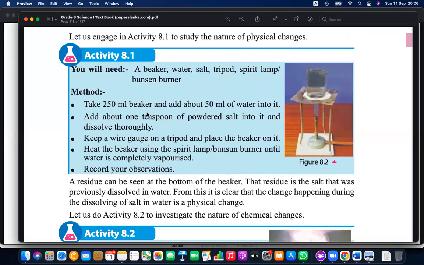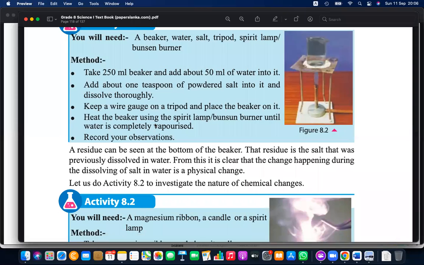Take a very small amount of water, like 50 or even 25 milliliters, because otherwise it will take a long time to burn off. Use a teaspoon of salt and dissolve it properly. Then keep increasing the temperature using the Bunsen burner and try to completely remove the water.